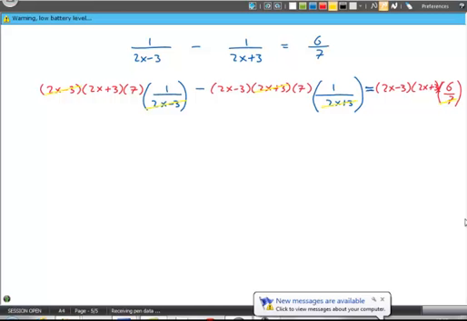The 7s will cancel. I forgot to put in the 7 there, sorry. You'll be left with 7 times 2x plus 3 minus 7 times 2x minus 3, watch your signs of course, is equal to 6 multiplied by 2x minus 3, 2x plus 3.